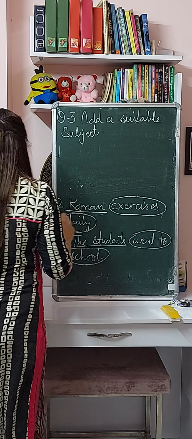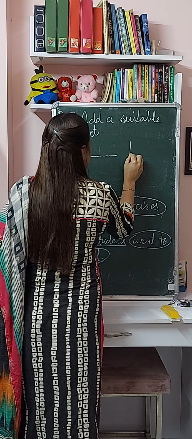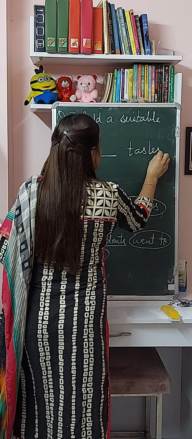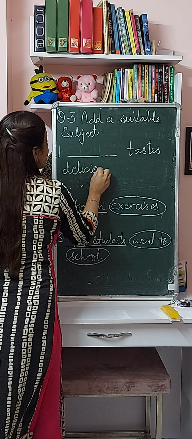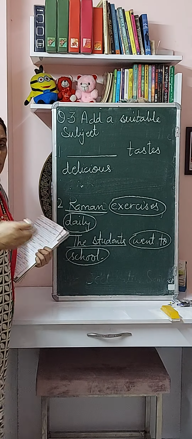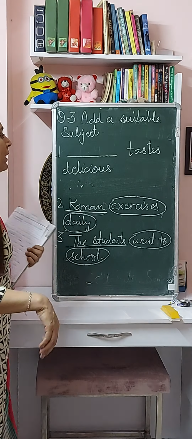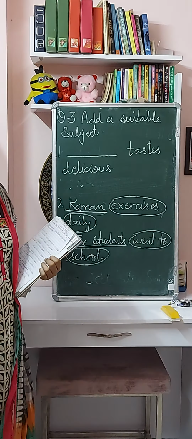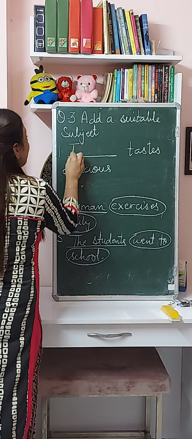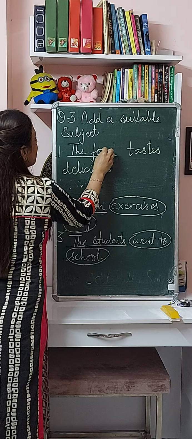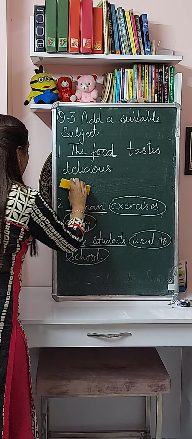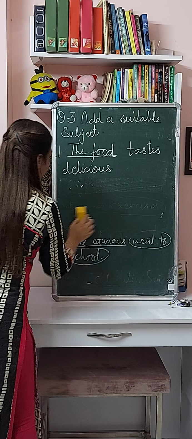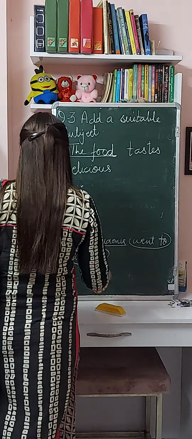So the first sentence. Dash tastes delicious. Now what tastes delicious? It's up to you. You can write the fruit tastes delicious. The mangoes taste delicious. Alright. Here I am writing the food tastes delicious.